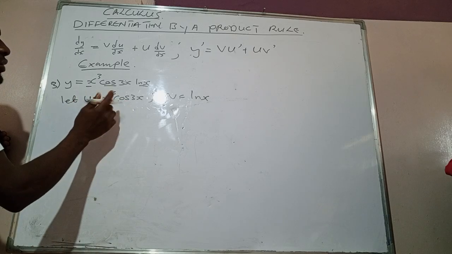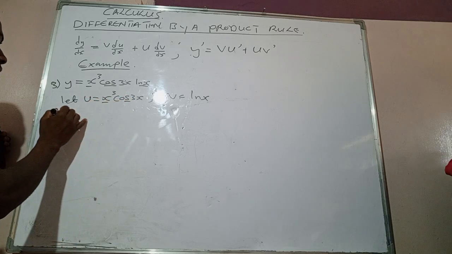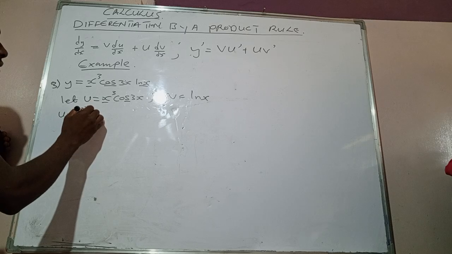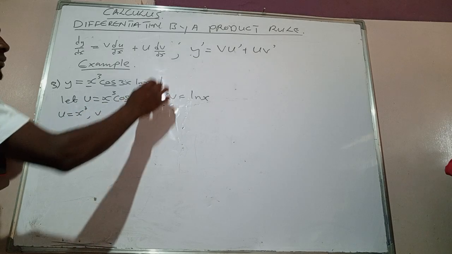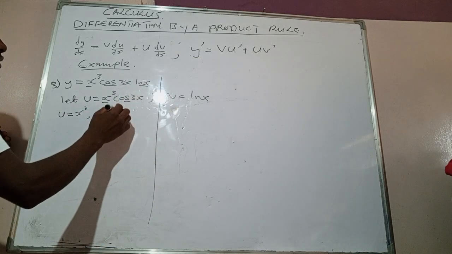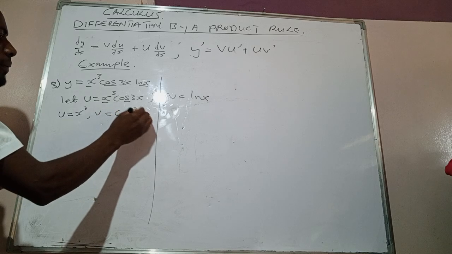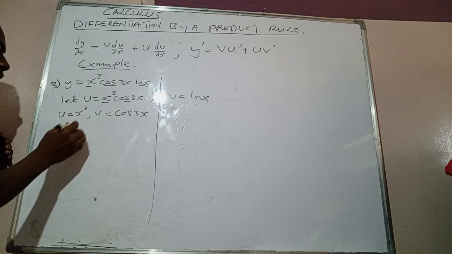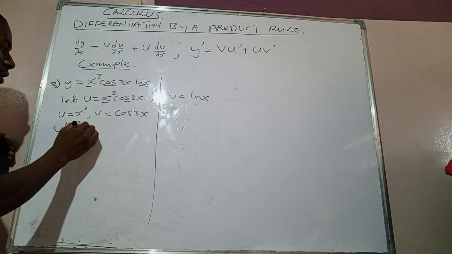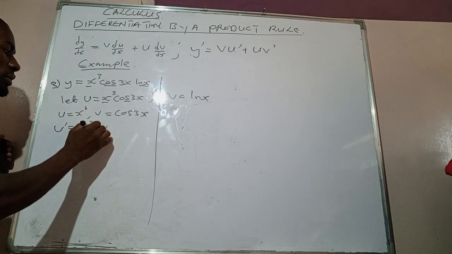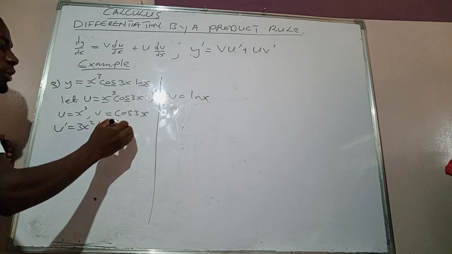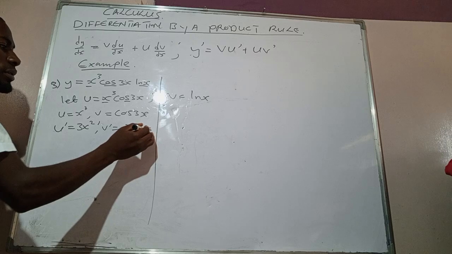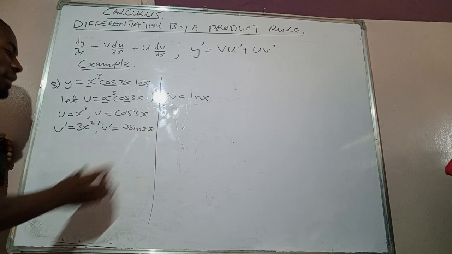So we are again going to separate these two, of which you are going to have u is equal to x to the power 3, then v is going to be cos 3x. Okay, so now we can find the u prime here, which is going to be 3x to the power 2, and the v prime there, we're going to have negative 3 sin 3x.